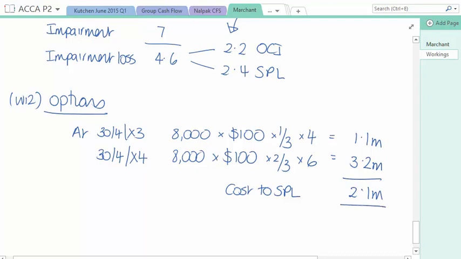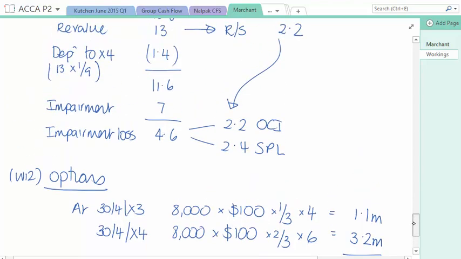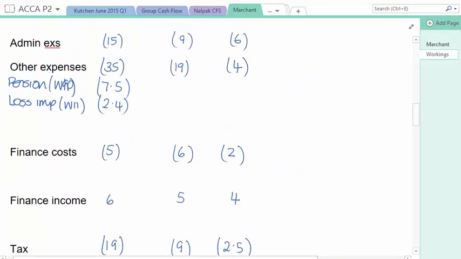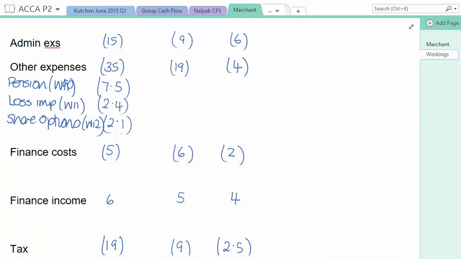It's 2.1 million. I'm going to take that figure of 2.1 million, share options, working number 12, 2.1 million, and add that up like so.